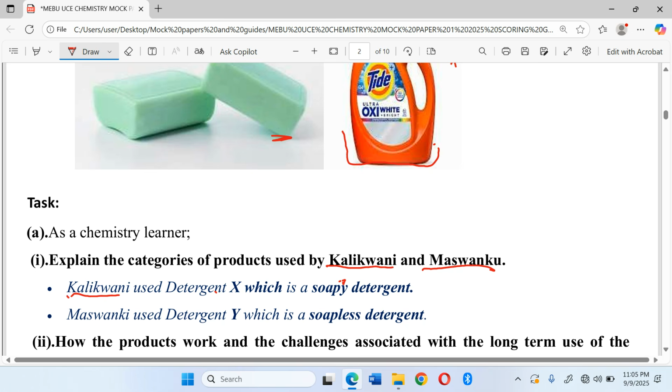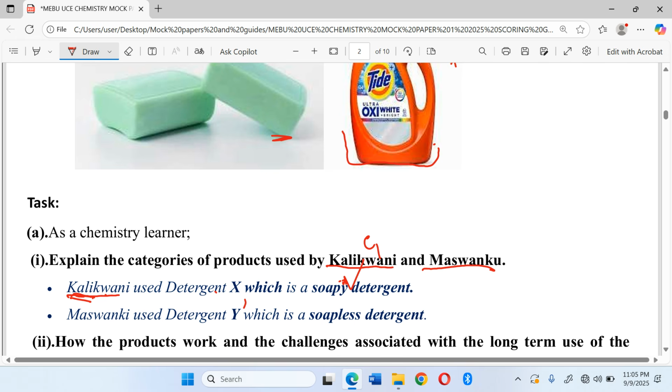When we say Karikwan, some learners normally just come and say the product used is soapy detergent and soapless detergent. We have to be very specific. Who used soapy detergent? Who used soapless detergent? So we have to be specific here and say Karikwan used detergent X, which is a soapy detergent, and you get the category score.